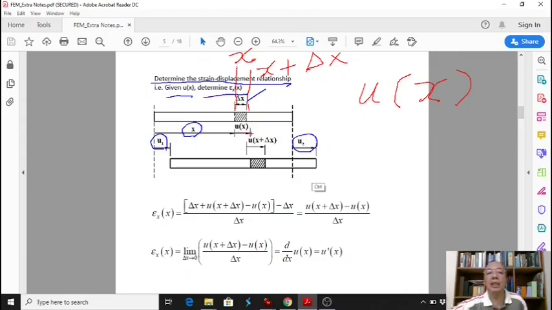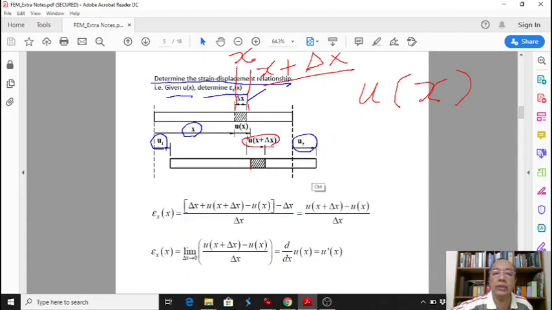At this side, the position is x plus delta x, so it will displace by u of x plus delta x.